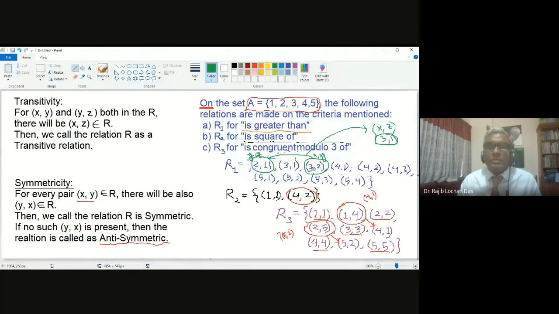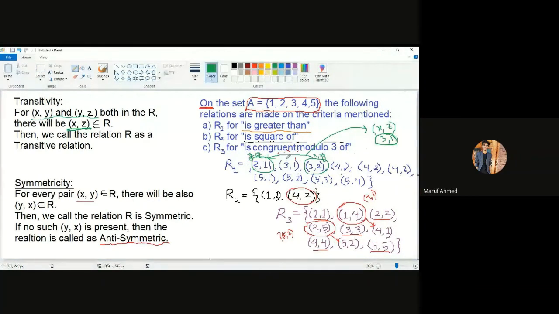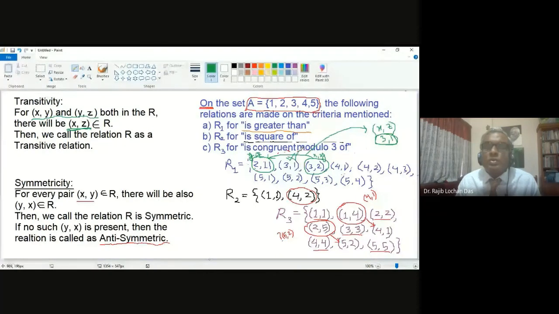I have 3 comma 2 and 2 comma 1, two pairs x comma y, y comma z, and then I look for the third pair, x comma z. Do you have 3, 1 here? Yes, there is 3, 1. So this is transitive.